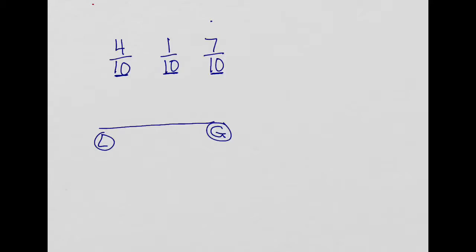So which number would come first? A 1, a 4, or a 7? If you said 1, you are correct. 1/10 is the answer. The first one, that's the least. And then which number would come next? 4/10 or 7/10? If you said 4/10, you are correct. And then 7/10 would be the last one, the greatest number.